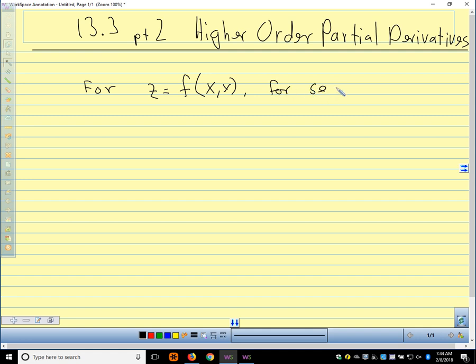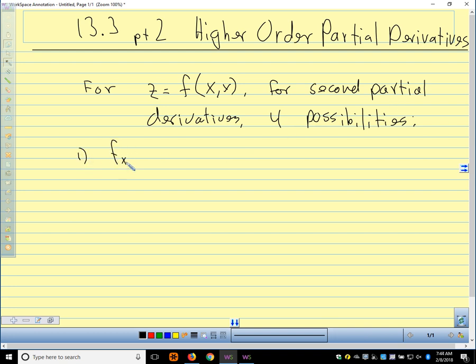For second derivatives, we have four possibilities. Our first possibility is we can take the derivative with respect to x and then take the derivative with respect to x again. And we can write that f sub xx. This is our subscript notation.